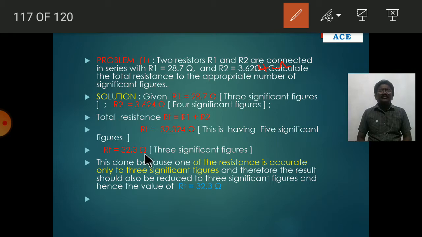3 significant figures. This is done because one of the resistances is accurate only to 3 significant figures, and therefore the result should also be reduced to that many significant figures, and hence the value of RT equals 32.3 ohms.